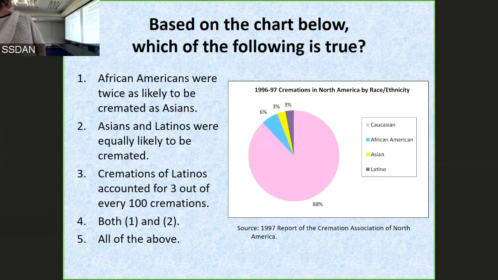If you look at this pie chart, anyone want to hazard an answer for what this is telling us?